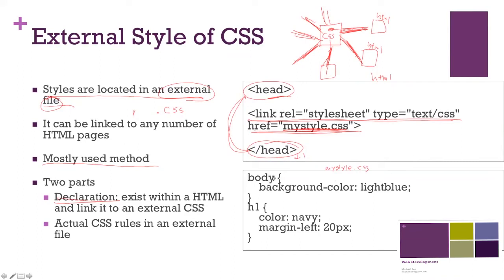So here, the declaration, properties, and value. In here, you're going to list all these properties and declarations to decorate your file. Your browser will combine these two files together to properly display. So one part in HTML, you have the declaration, and the actual code will be in an external file. That's external style of CSS.